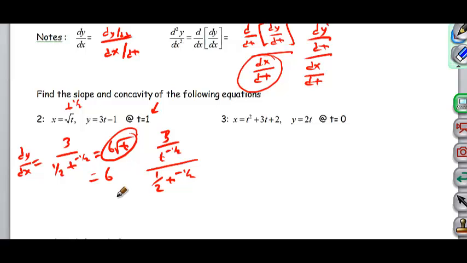Alright, now that's a little bit of an awkward thing. So let's see here. This is really 3 t to the negative 1/2. Oh, no, that should not be there. Let's back this up a little bit, trying to figure out what this should be.